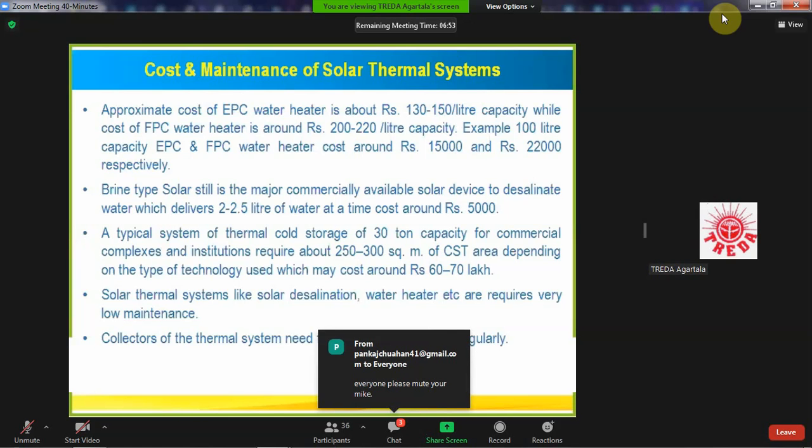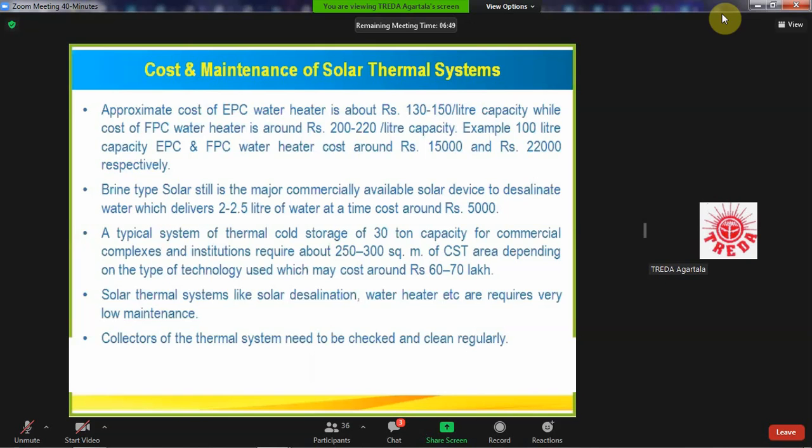But for transportation and other things, it is better to use small size collectors. And the cost is not so high. It is only 120 to 130 rupees per liter of capacity.